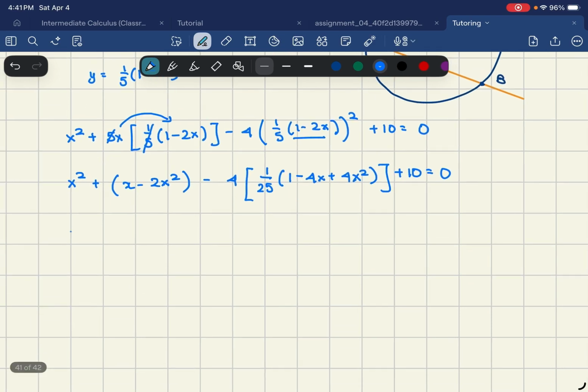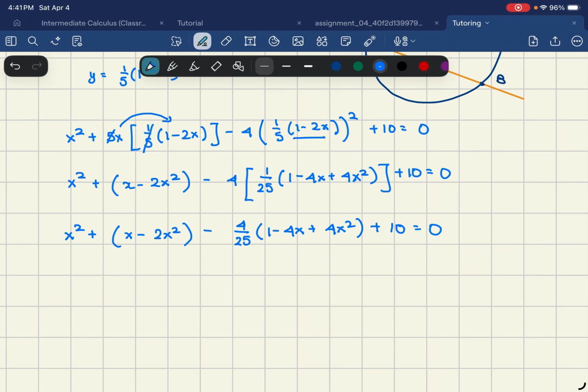All right. So x squared plus x minus 2x squared minus 4 over 25, 1 minus 4x plus 4x squared, plus 10 equals 0. Now, I don't like working with fractions. And so I'll multiply with 25 because I want to remove the 25 in the denominator.